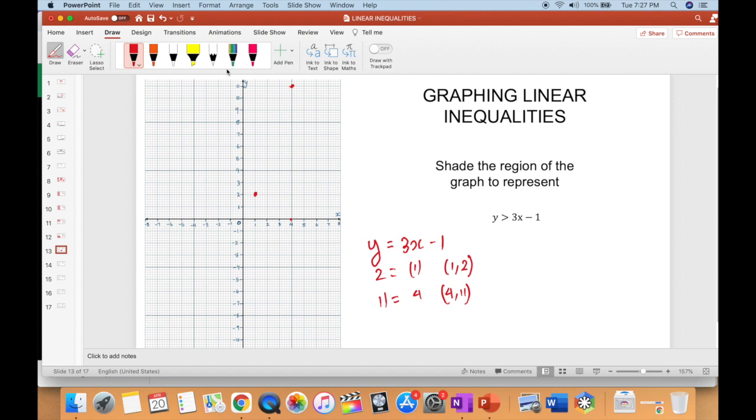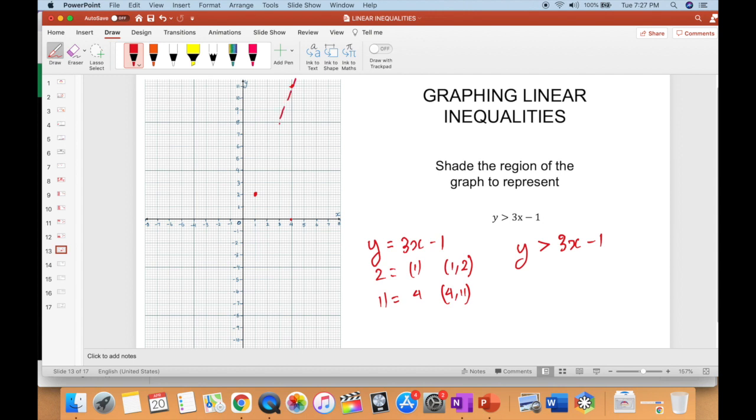Now what we have to do is draw this graph. If you notice, y is greater than 3x minus 1. It doesn't have an equal sign there, so I'm going to have to draw this with a dotted line. I will try to see if I can draw a dotted line. When x is 0, y is negative 1, so that's passing there.